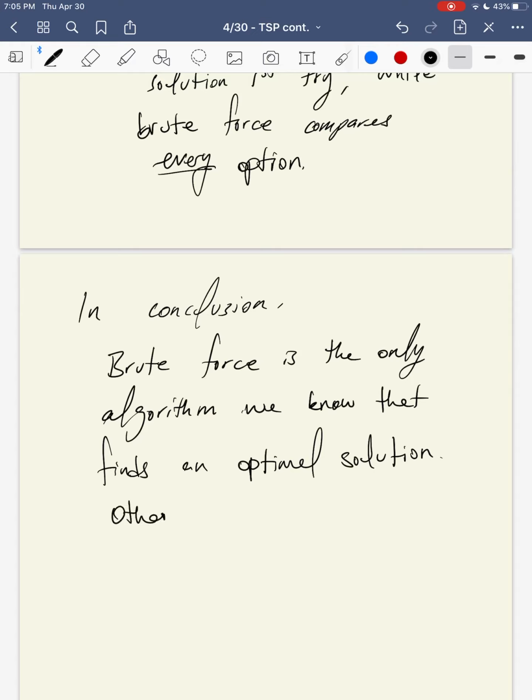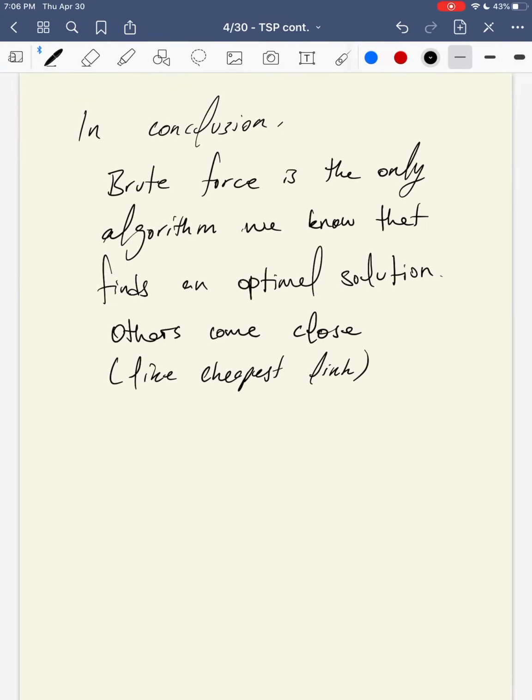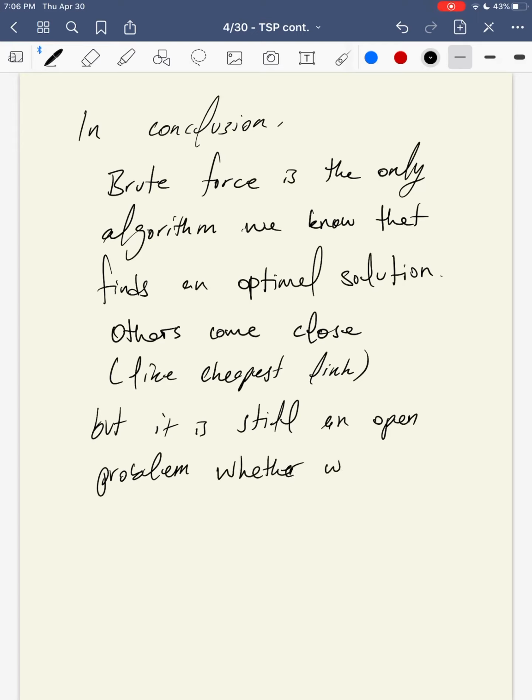Others come close, like cheapest link, but it is still an open problem whether we can do better.